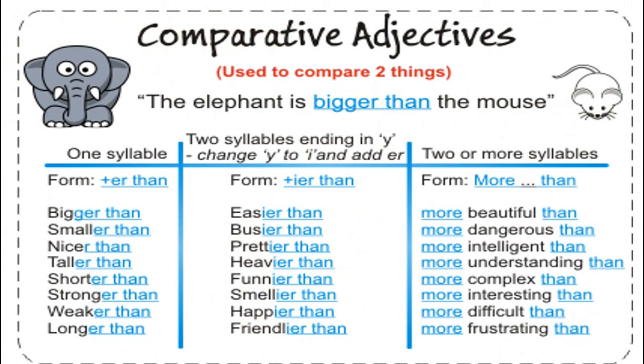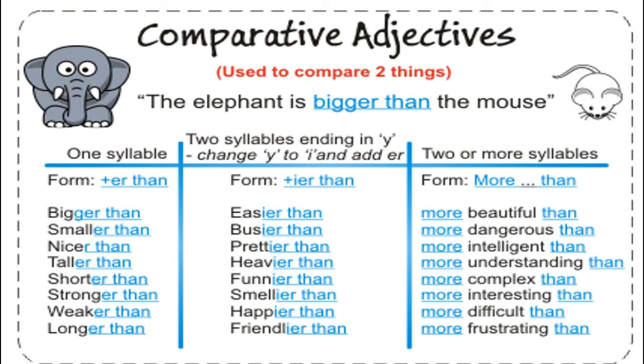So we have more examples about comparative adjectives. For example, the elephant is bigger than the mouse. With adjectives with one syllable, we add er. Please remember, add er and then than. For example, bigger than, smaller than, nicer than, taller than, shorter than, stronger than, weaker than, longer than.